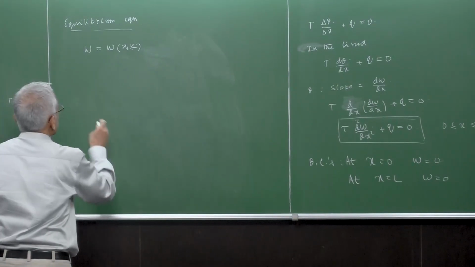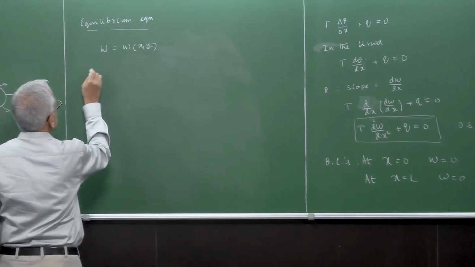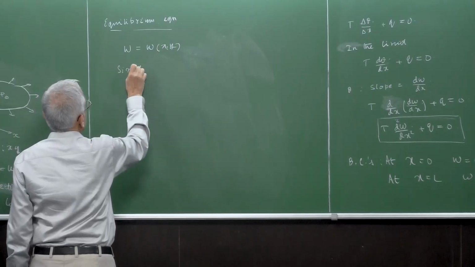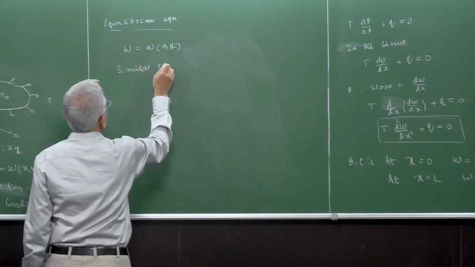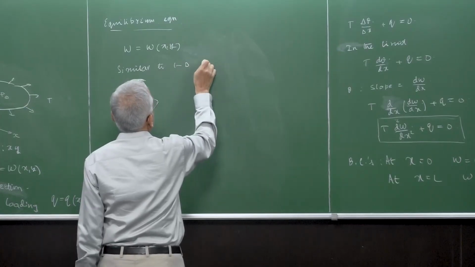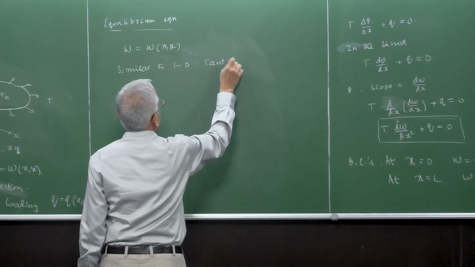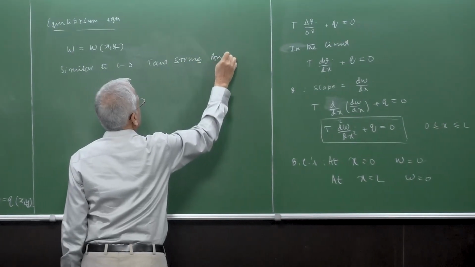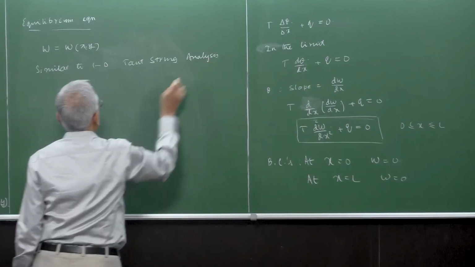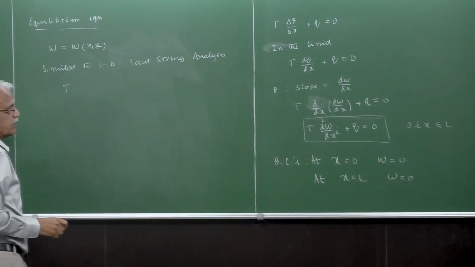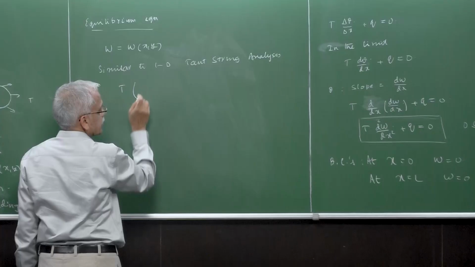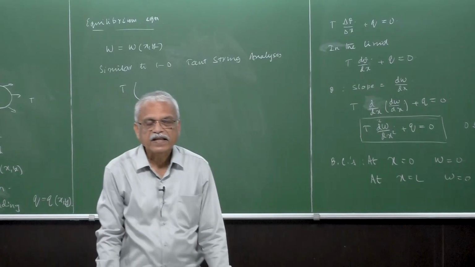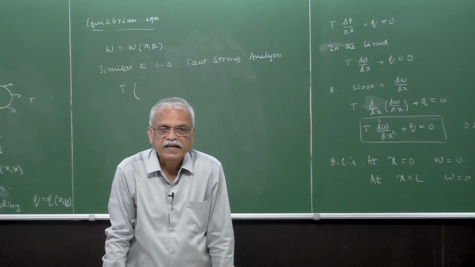So that means that equation, similar to the 1D string analysis, what are we going to write? T times d square W by dx square. Now what we have is another term, d square W by dy square.